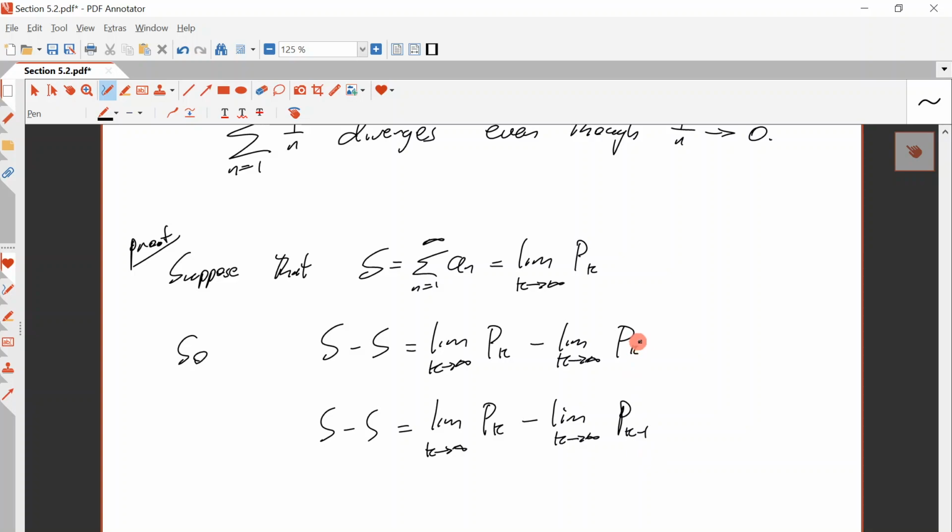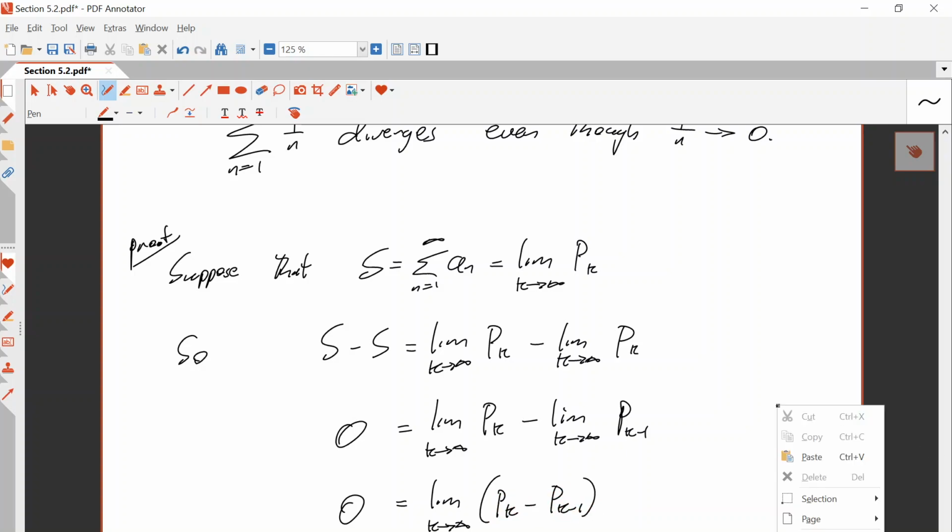So the limit as k goes to infinity of p_k is the same as the limit as k goes to infinity of p_(k-1), because if k goes to infinity, so does k minus 1. And then S minus S, of course, is 0. The limit of a difference is the difference of the limits. Right?